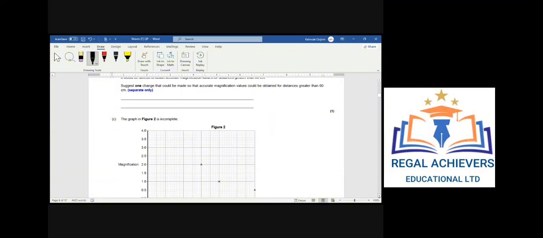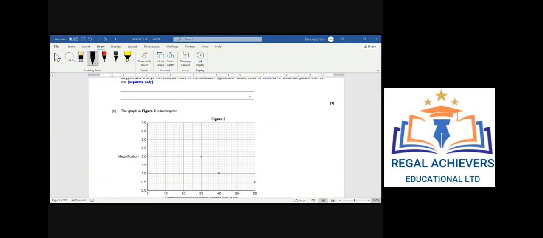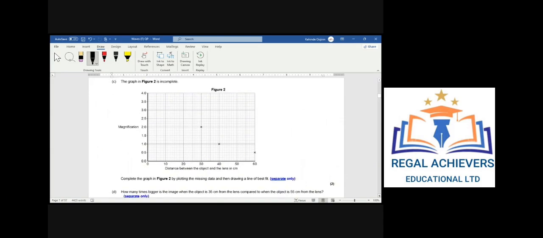Then the graph in figure 2 is incomplete. It says complete the graph 2 by plotting the missing data and then drawing the line of best fit.